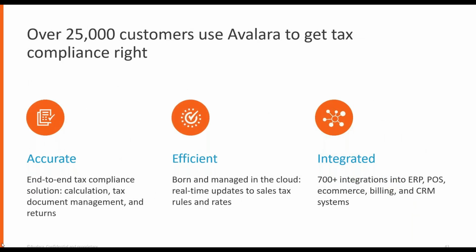Now, it's not just me, it's not just TM Group that's saying that Avalara is a good organization to work with, but we have over 25,000 customers working with us today to get their tax compliance automation right. Our solutions are accurate, efficient, they're integrated, and it isn't just with your ERP. I tell you what, there are over 700 integrations to just about any system where you would have a transaction that should be taxable.